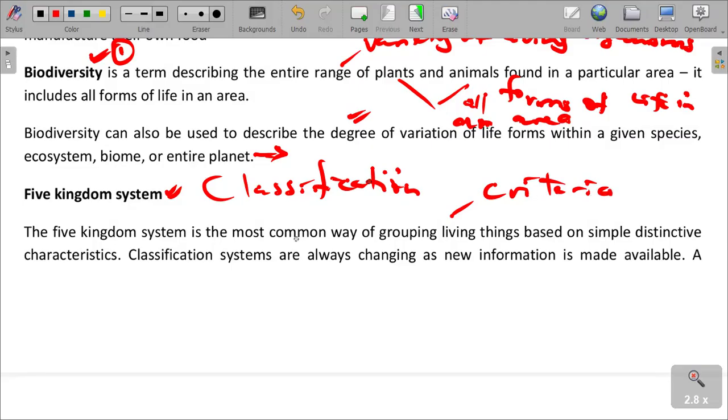Our classification systems are always changing as new information is made available. As new discoveries are made, we need to understand that the classification system changes as well.